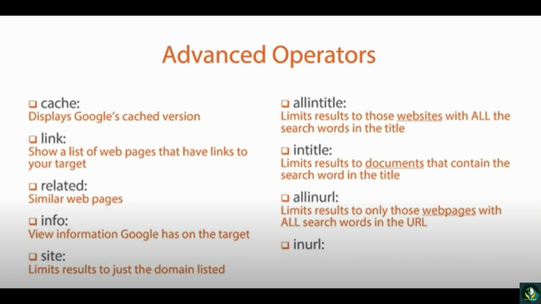Advanced options: all in title limits results to websites with all the search words in the title. Then in title limits results to documents that contain the search word in the title. All in URL limits results to find all search words in the URL.